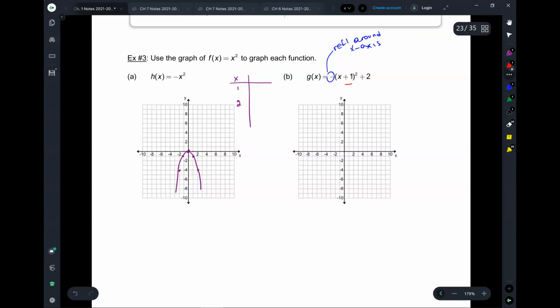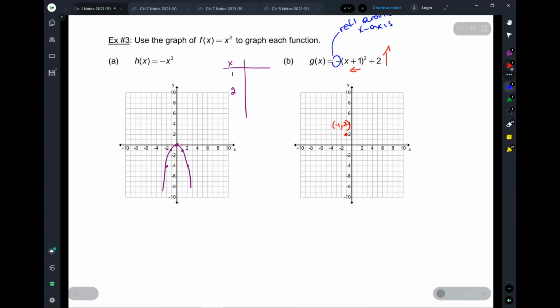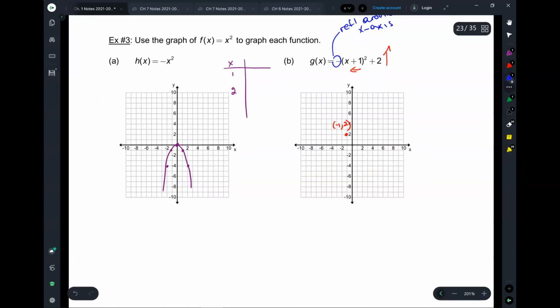The plus 1 moves the function over 1, and this moves it up 2. So now the vertex is going to be to the left 1, up 2. It's going to be at -1, 2. Now, there is a reflection around the x-axis, meaning from that red vertex, if I go to the right 1, I have to go down 1.